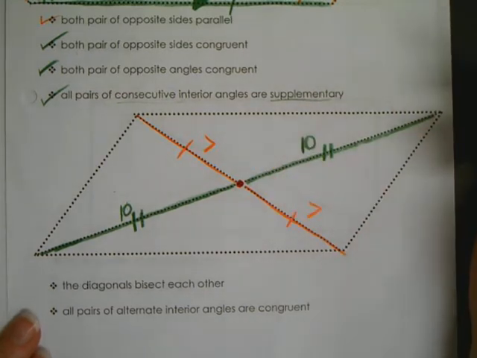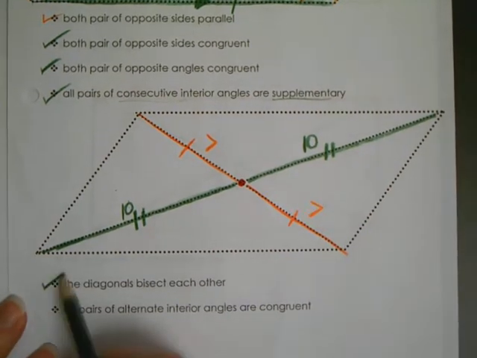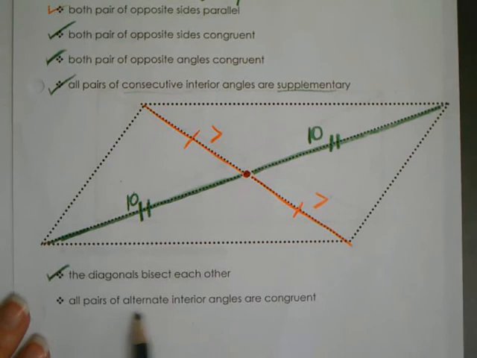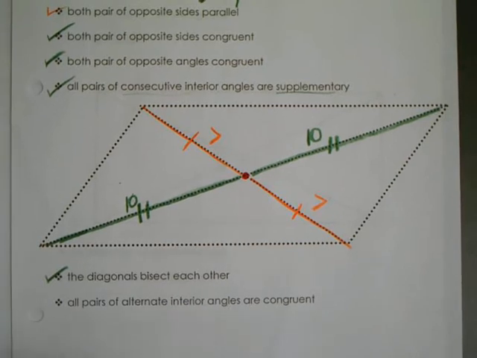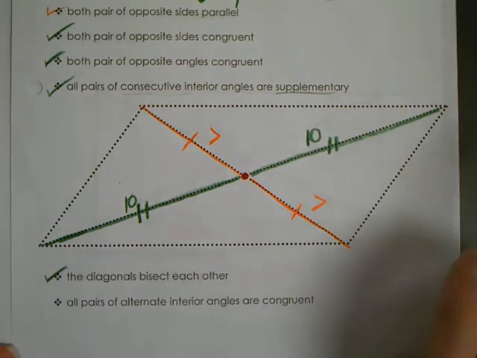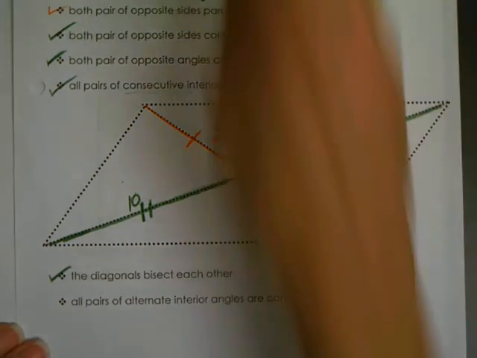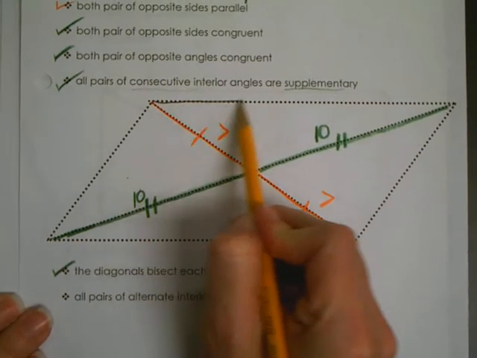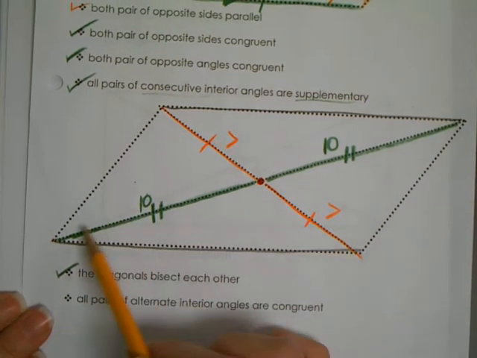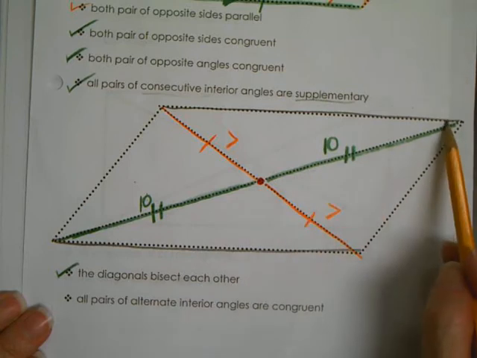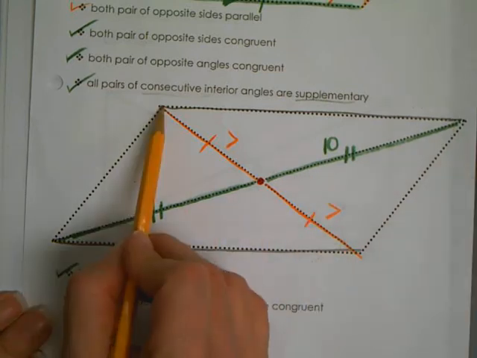Then the second part says all pairs of alternate interior angles are congruent. Ooh, blast from the past. That's back in chapter 3. Alternate interior angles. Well, if you remember, when you have parallel lines that are cut by a transversal, this green one is a transversal, or this orange one's a transversal.